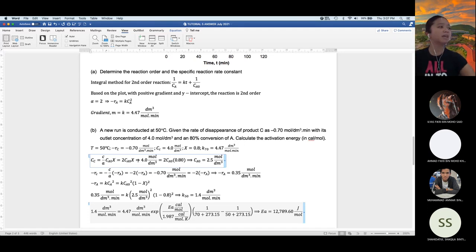So CC sama dengan 2 CA0X. So kenapa 2? Sebab C per A is 2. We know CC as 4. We know the conversion X as 0.8. You can get your CA0 as 2.5.